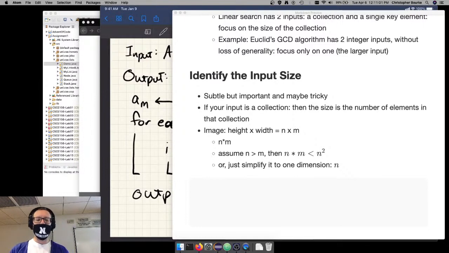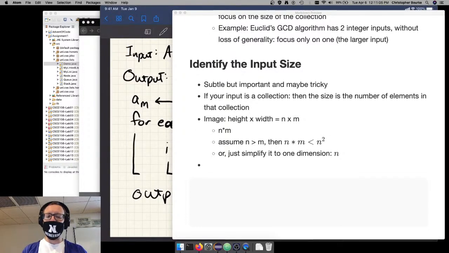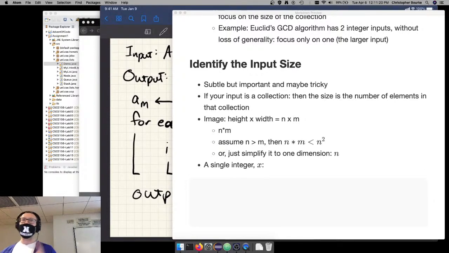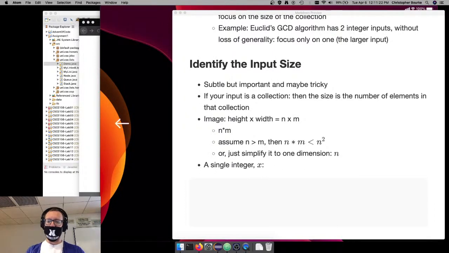Right? What about, and most tricky of all, especially for beginners, is what if it's a single number? A single integer, x. How big is x as an input size? Is it 1? That's usually the answer, right? Is it just 1?